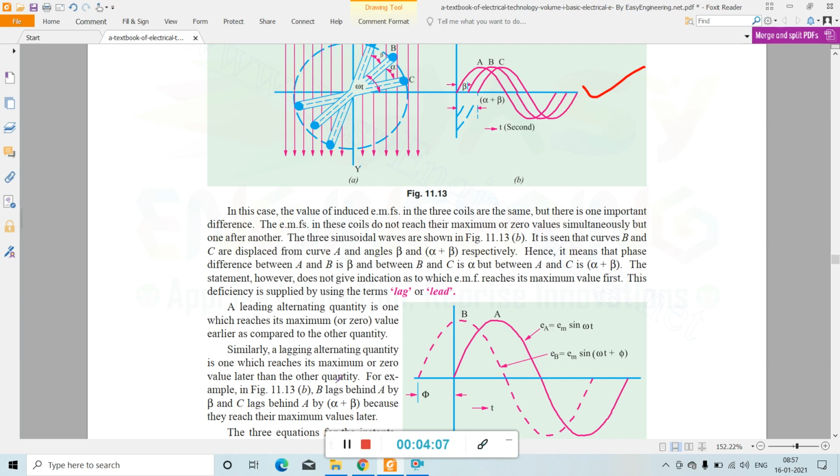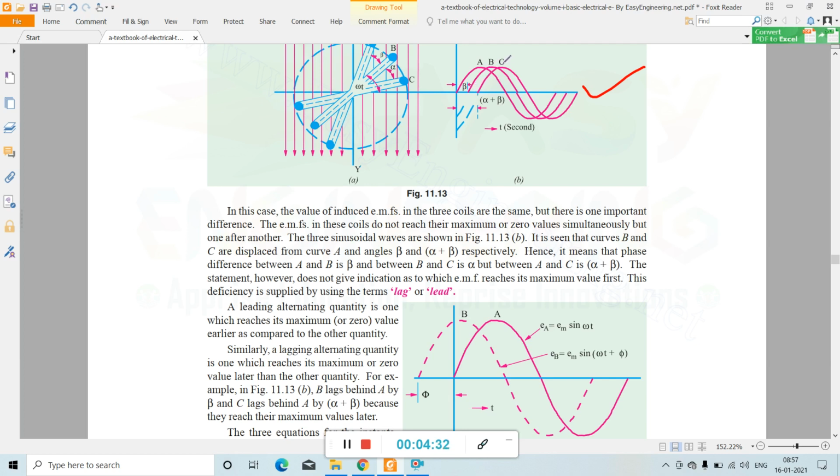So for example, in this waveform, B reaches its maximum after A, that means later. After A, B reaches its maximum or zero, that means B is lagging. B lags A by an angle beta.